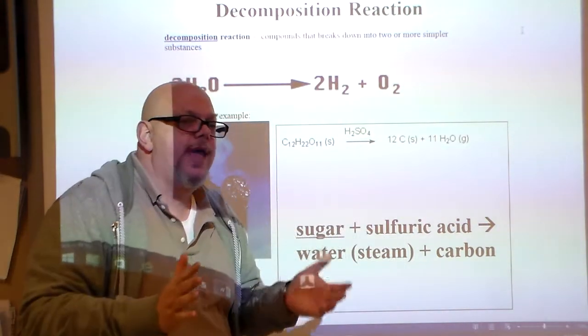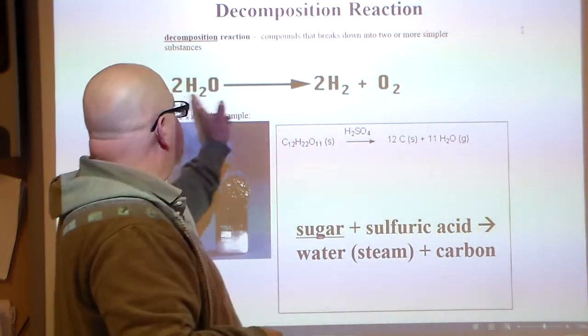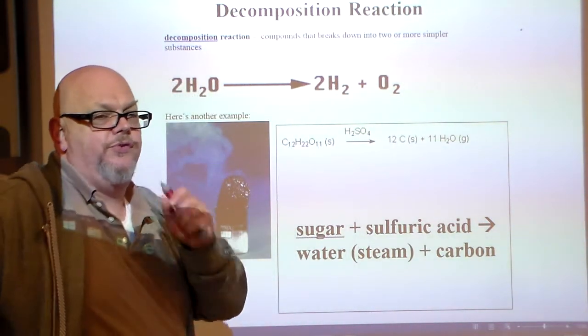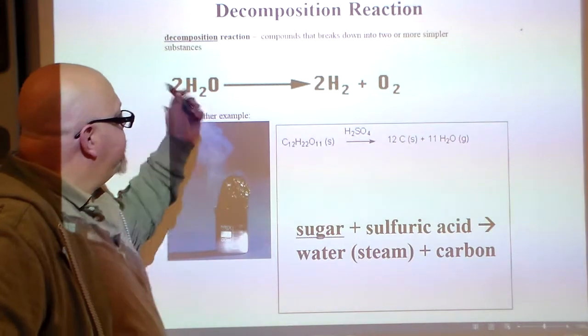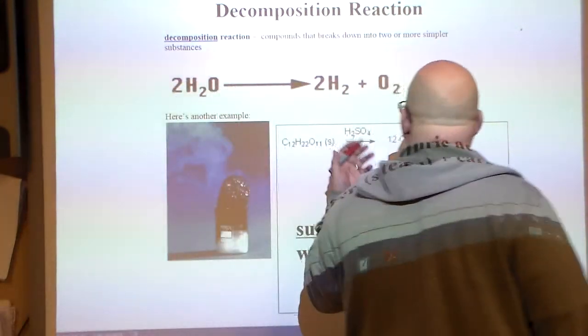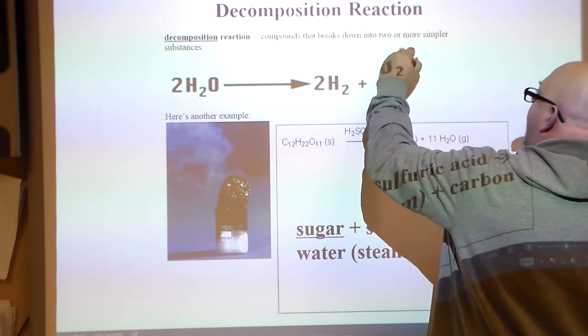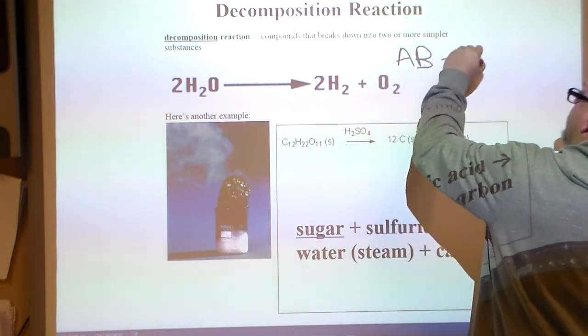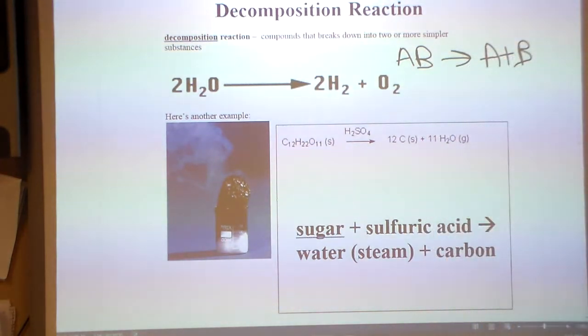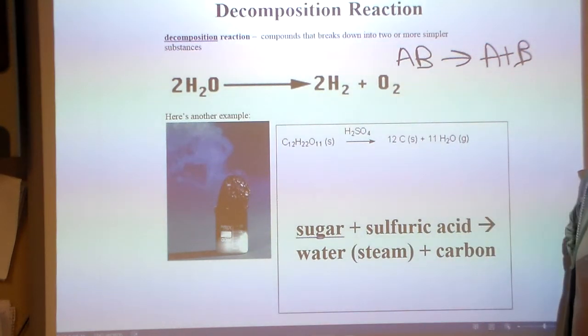We can take the reverse of the preceding reaction: 2H2O breaks up into 2H2 plus O2. Or we can take AB and break it down to A plus B.